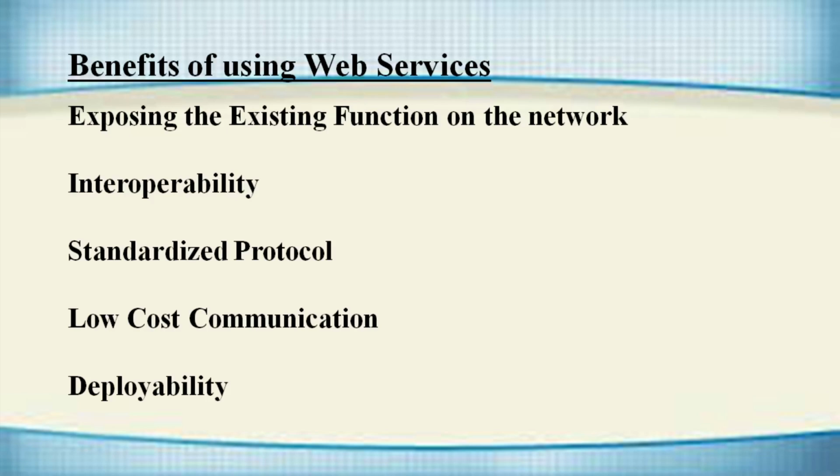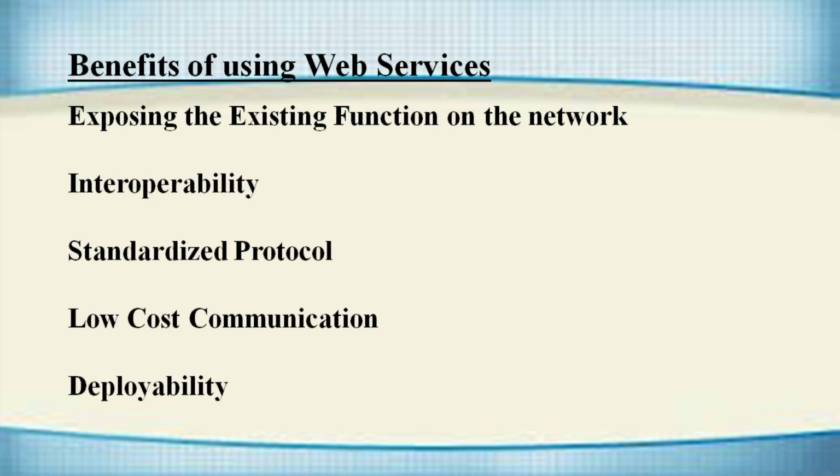Benefits of using web services. The first type of benefit is exposing the existing function on the network. How can we expose a function so that it is used in the entire network? A web service is a unit of managed code that can be remotely invoked using HTTP.